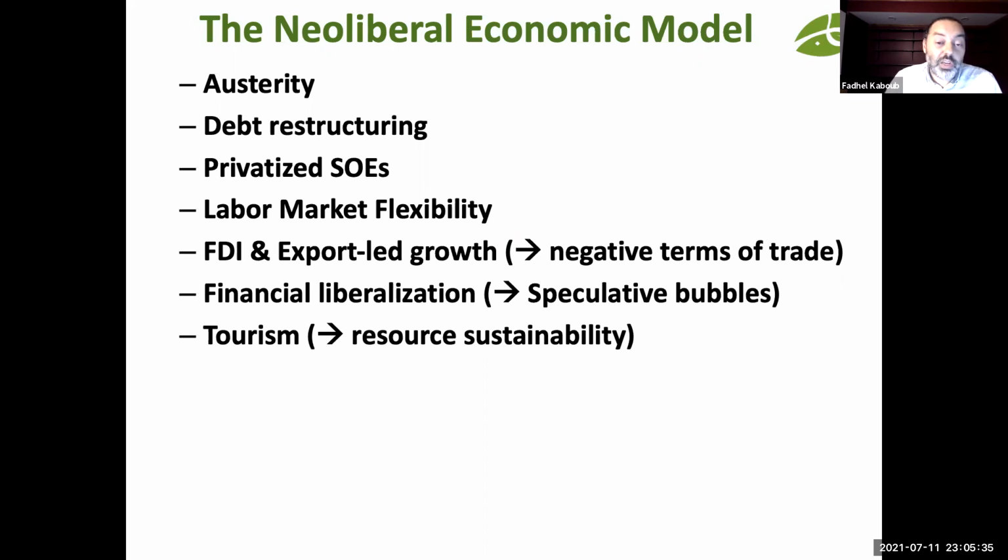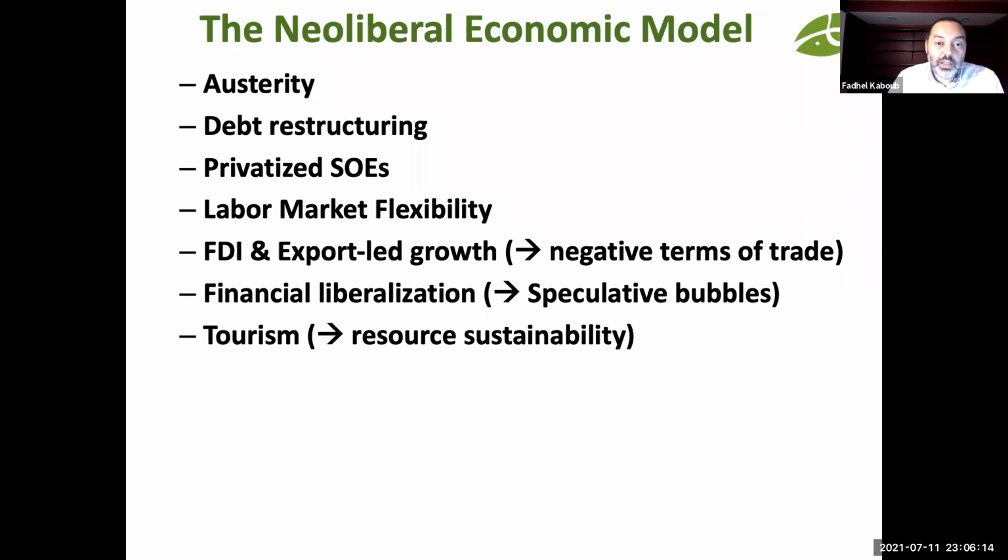Tourism is really a tricky thing here because most developing countries rely heavily on tourism. This is pre-COVID, obviously, to generate foreign currency reserves and to create jobs. But it turns out that the more tourism you bring into the country, the more food you have to import, the more energy you have to import to heat and cool the hotels, to transport tourists, to feed tourists. So the more you do tourism, the more structural trade deficit you generate.